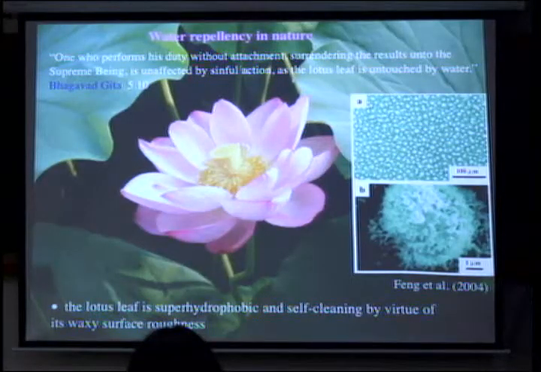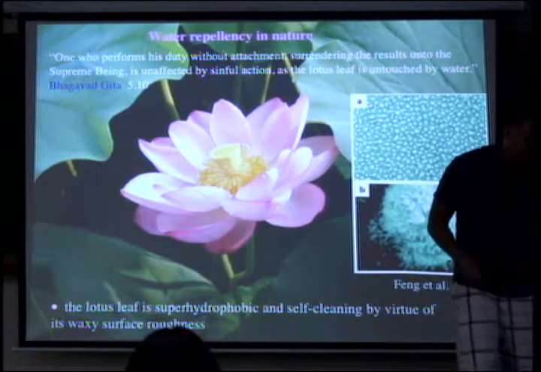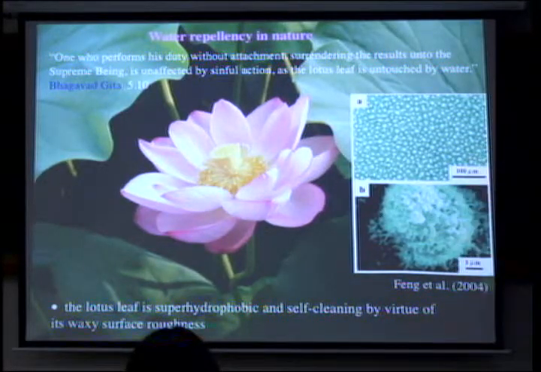Okay. So now we want to start thinking about how we can quantify roughness, the effect of roughness on wettability.